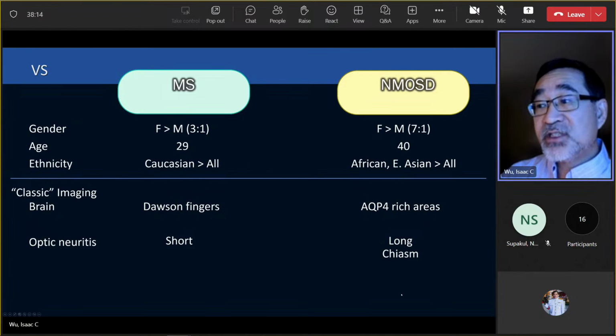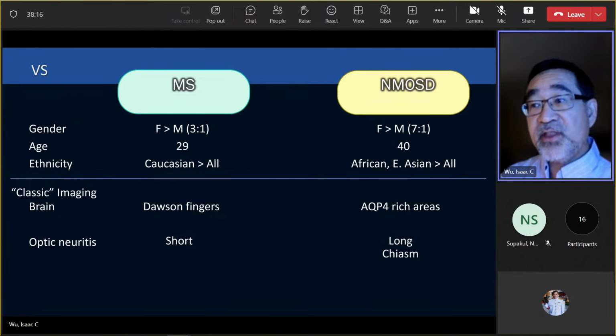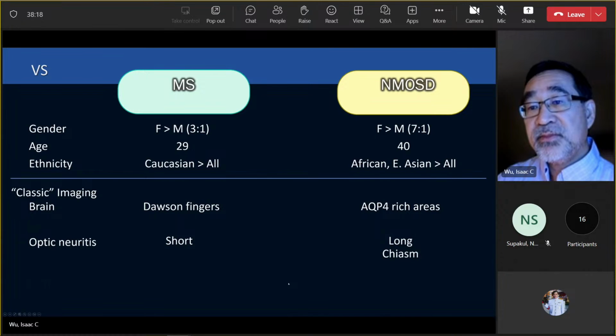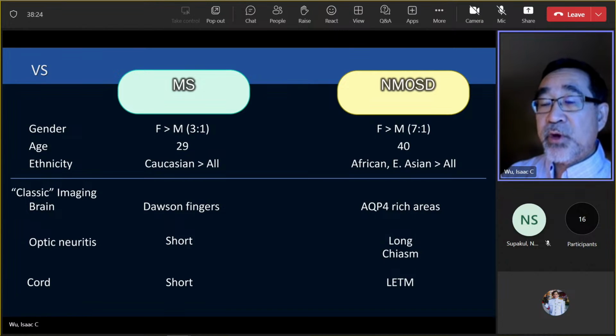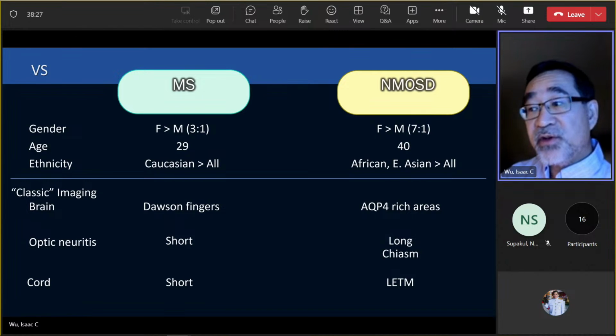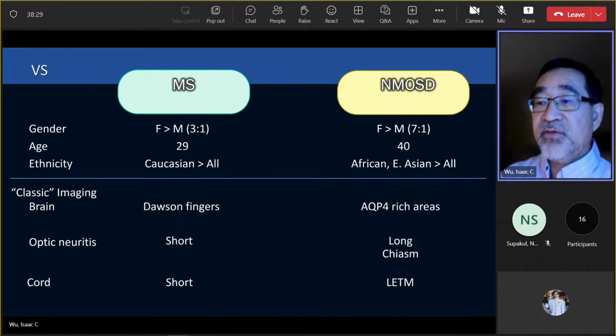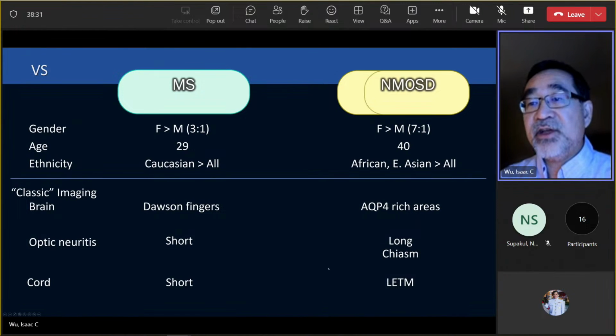NMO tends to be long segment and can involve the optic chiasm. For the cord lesion, MS tends to be short, localized, peripheral, and NMO is long segment, greater than 3 vertebral body lengths, involving quite a bit of cross-sectional area.